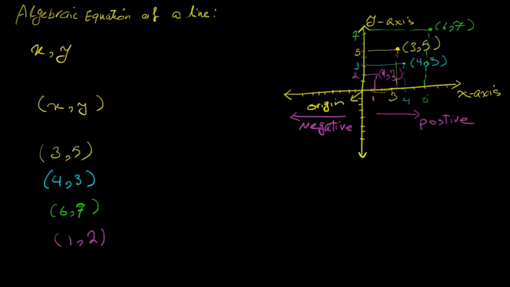Same as for y. Negative y goes downward, which I'm going to demonstrate with red. So if y goes downward, this is negative. If it goes up, it's positive.